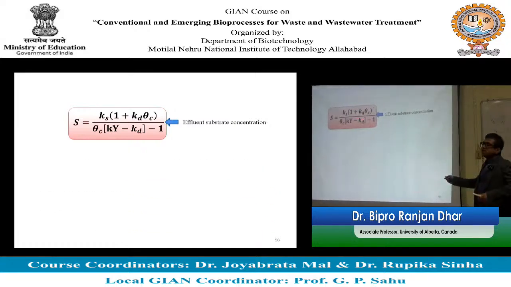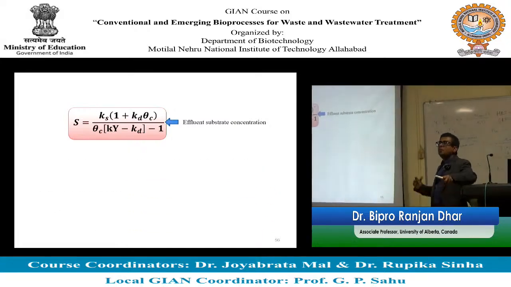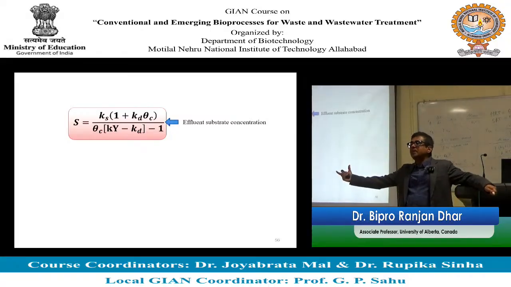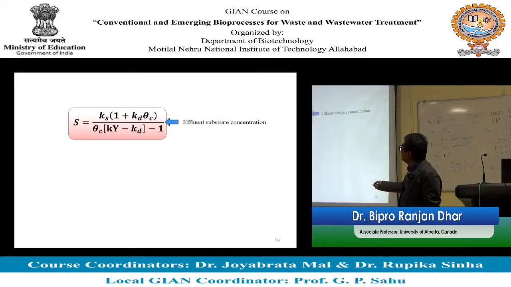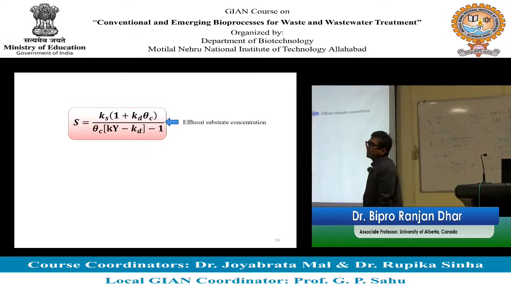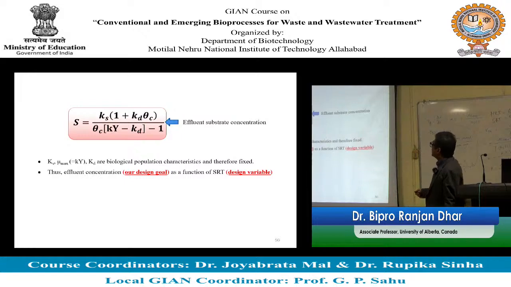So this equation can allow us to estimate or predict what would be the effluent concentration from my system, right? And if I do some experiments and estimate kinetic parameters like Ks, Kd, yield, right? The only thing I have, my process parameter, is SRT here, right? For a certain biological population, those kinetic parameters are going to be fixed.